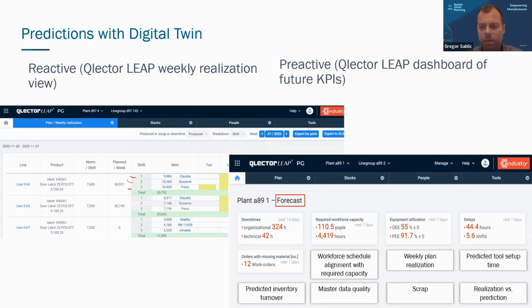Like how many people are going to work on the shop floor, what the equipment utilization, OEE, will be, how many production delays we're going to have, and similar things. So we can see how the planning scenario reflects in all these things.